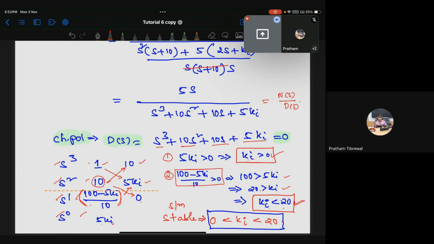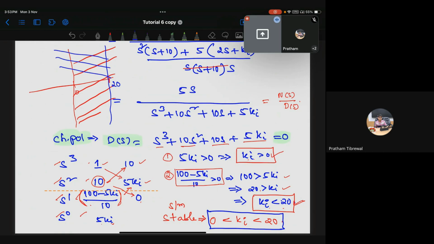So what it says: this is 0, and ki is less than 20. So this is 20, it has to be less than 20. Now what is the intersection?